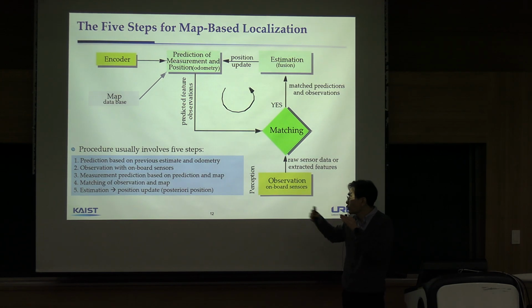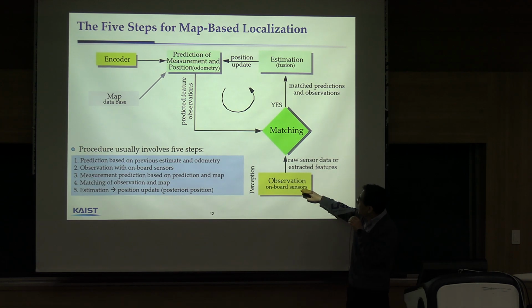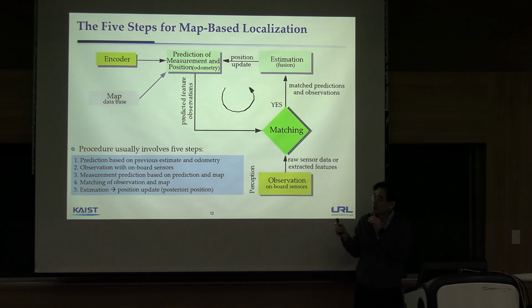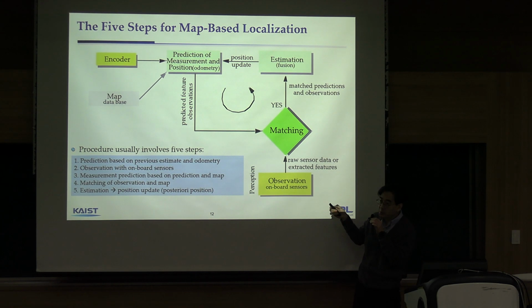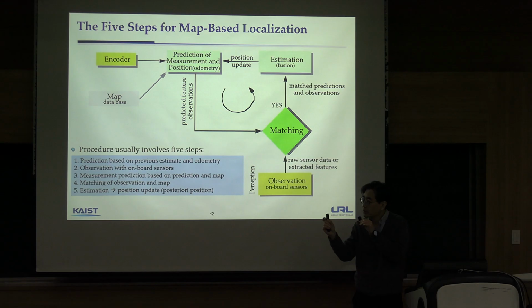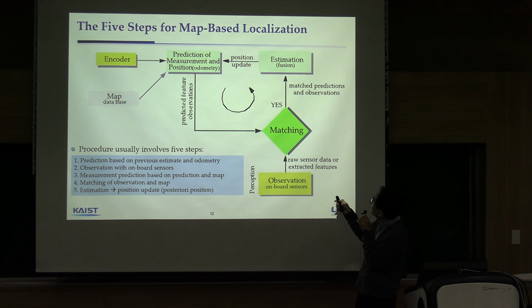The measurement should be D hat. But the actual observation indicates that we have the measurement of D. So there can be some discrepancy between them, but we can still match them together because we know that these two pieces of information should be the same. So using this matching, we can fuse them together and update the position. This will be iterated over time.